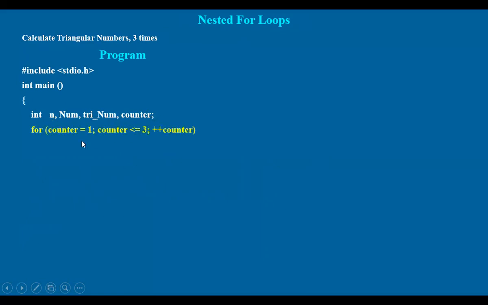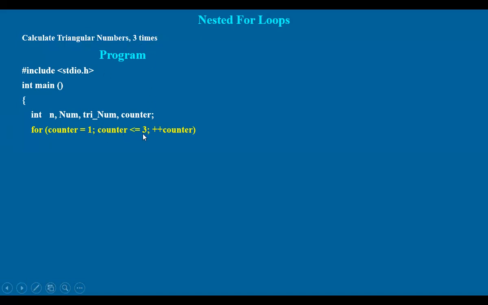How? We have taken a counter here, as another integer. So n, num, triangular number, and a counter. Like this, we have taken 4 integers as variables. We start with the for loop. We can call this the outer for loop, because I want to calculate this 3 times.